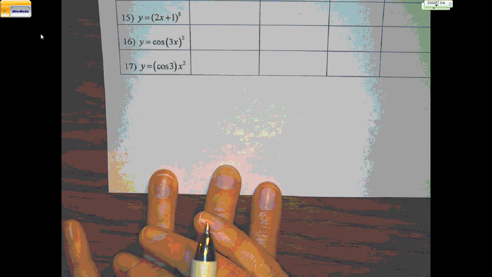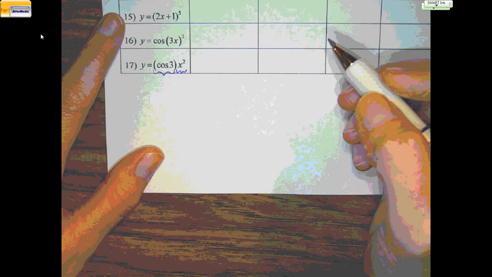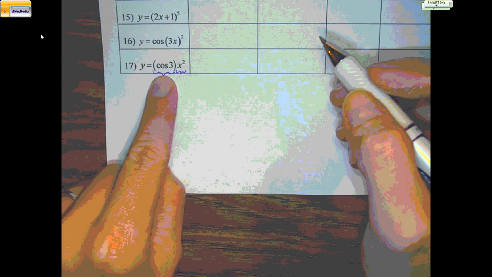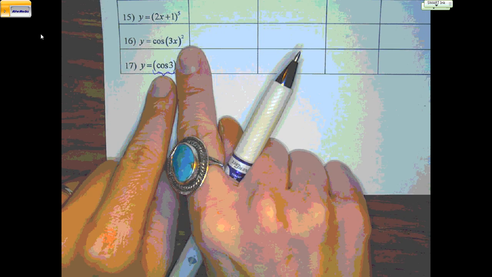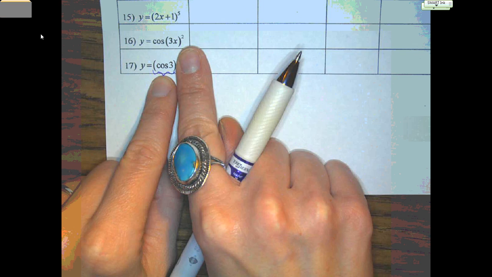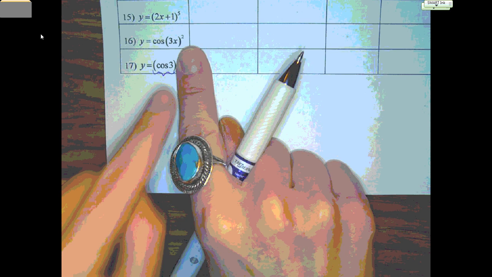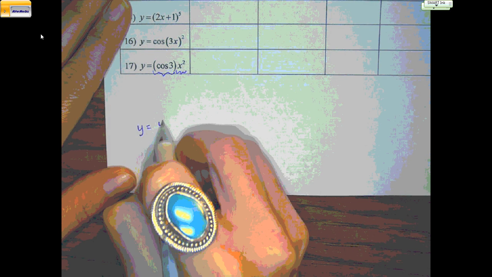It's a great question. You can approach this several ways. If you wanted to do the product rule, you could, but you don't have to. Cosine of 3. I don't even see a variable. Isn't that just a number? Probably some crazy decimal.